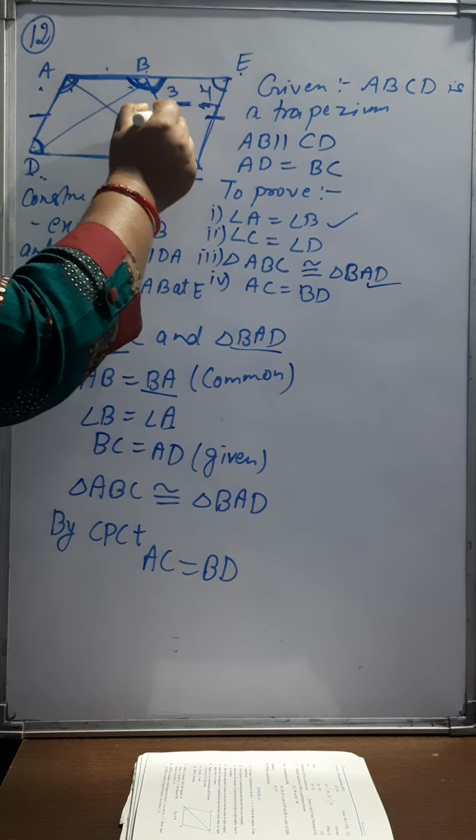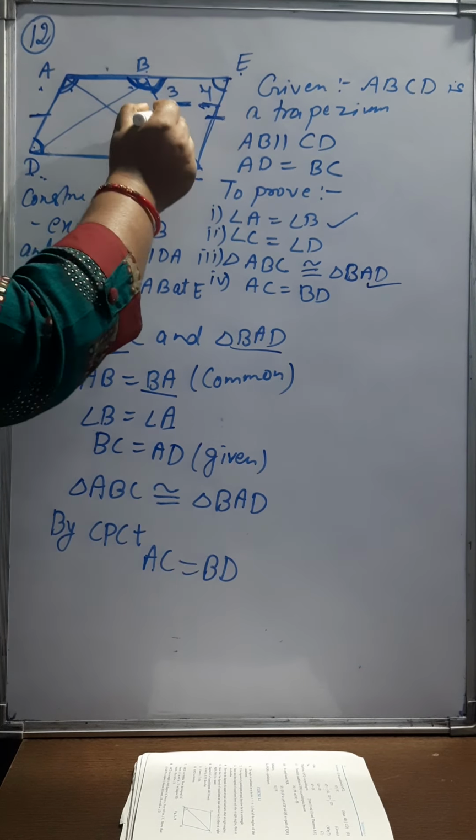And BC is given equal to AD. So these two triangles are congruent by SAS. And if these two triangles are congruent, the third part is proved, and by CPCT we can write AC is equal to BD. So in this way, students, exercise 8.1 is over. Now we will see the midpoint theorem.